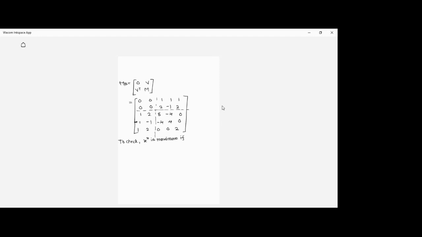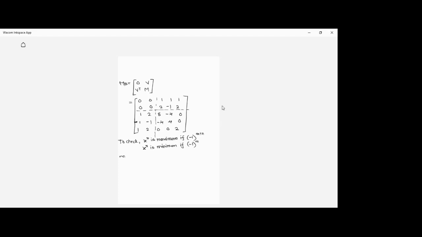X star is a maximum if (-1)^(m+n), and X star is a minimum if (-1)^m, right?